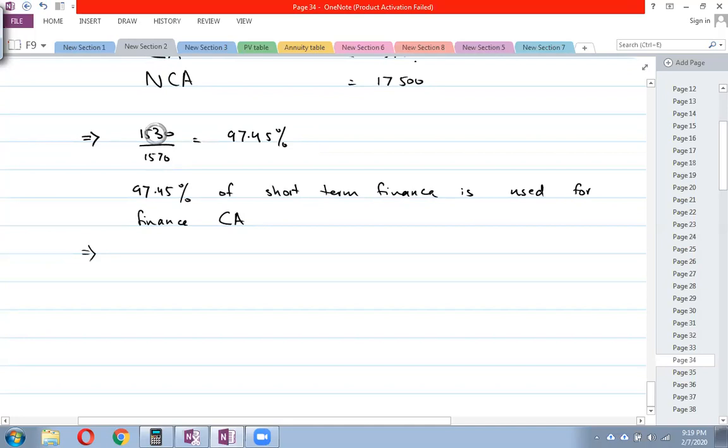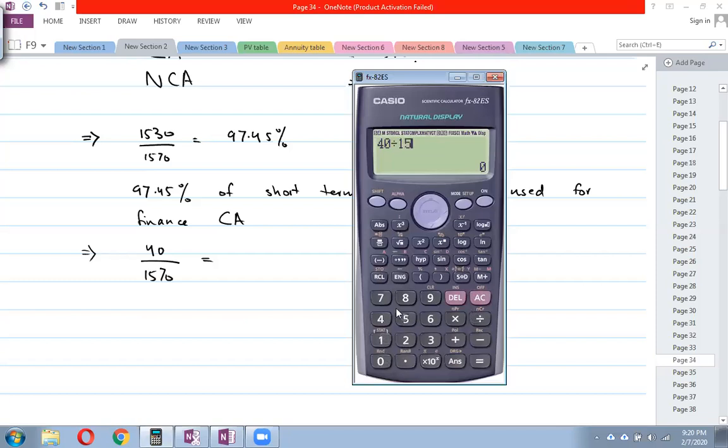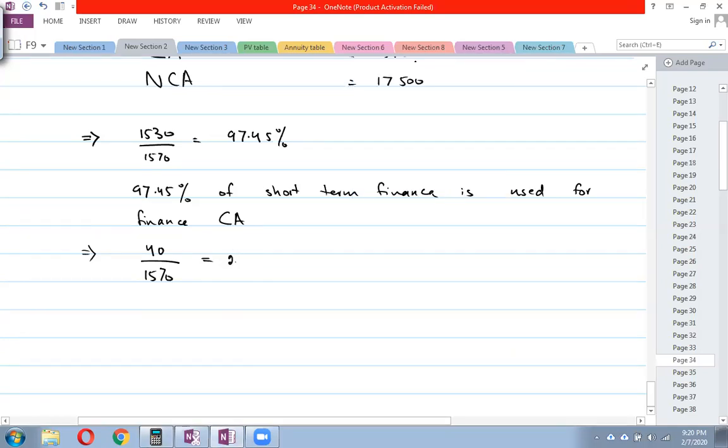So you can say, out of 1570, 1530 is short term. So the remaining 40 out of 1570 is the long-term finance. So 2.5% or 2.54% of finance is by long term.